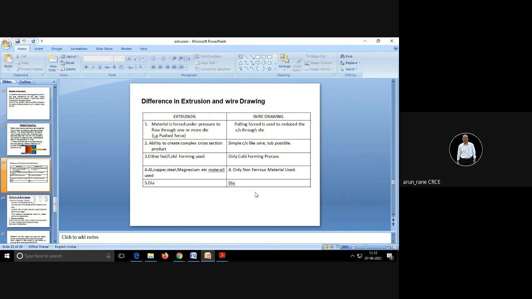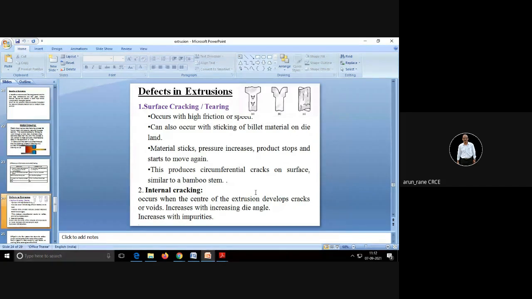Materials like aluminum, copper, steel, magnesium can be used for extrusion. For wire drawing, we generally go for non-ferrous material like aluminum. Of course, you can also go for ferrous.